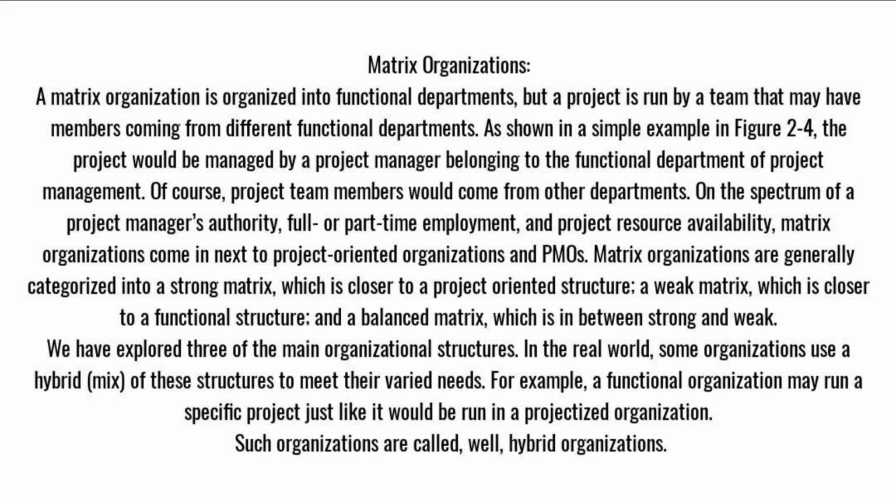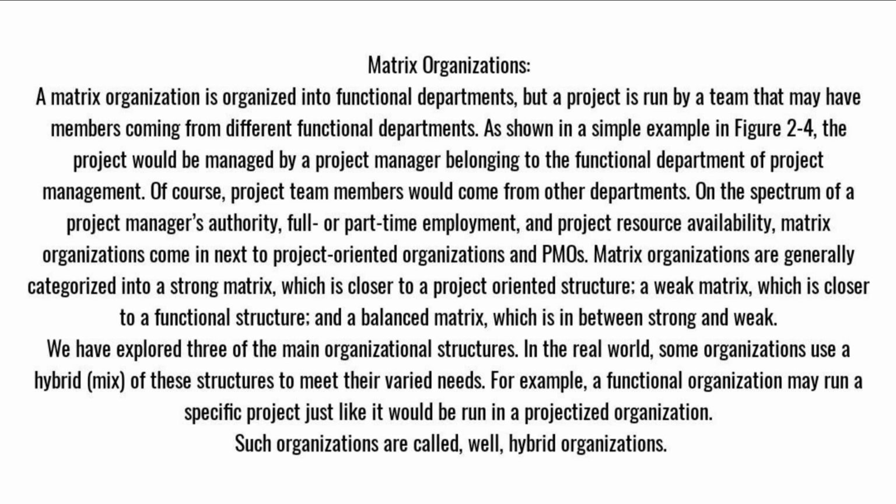Matrix organizations. A matrix organization is organized into functional departments, but a project is run by a team that may have members coming from different functional departments. As shown in a simple example in Figure 2.4, the project would be managed by a project manager belonging to the functional department of project management. Of course, project team members would come from other departments.